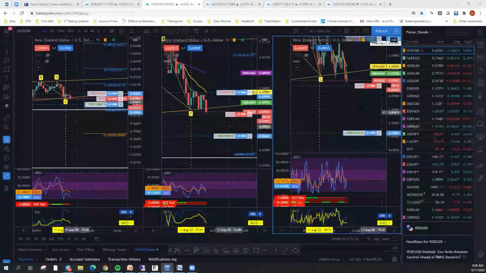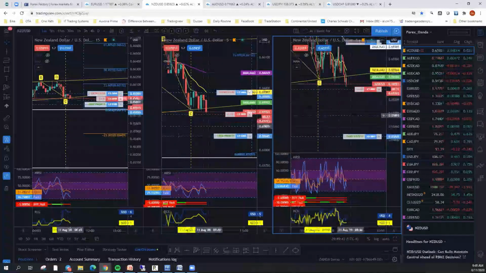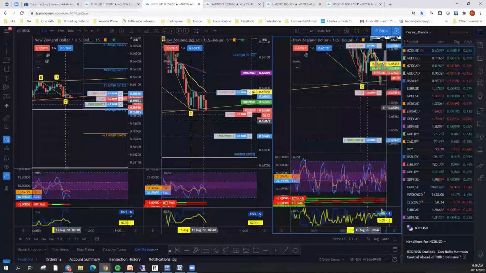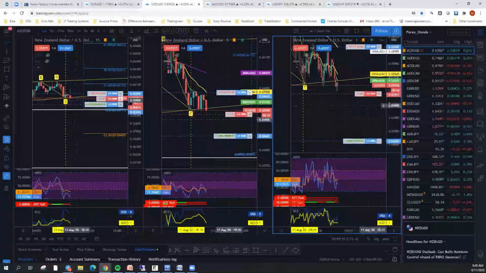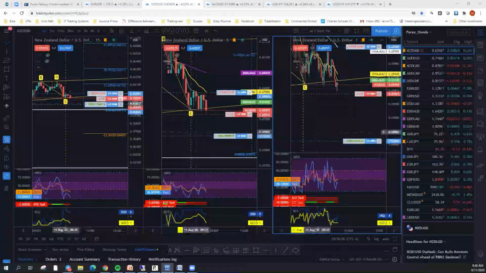Let's see how this looks here. Spread this out. It's coming up to retest the wedge here, and we'll see what happens.